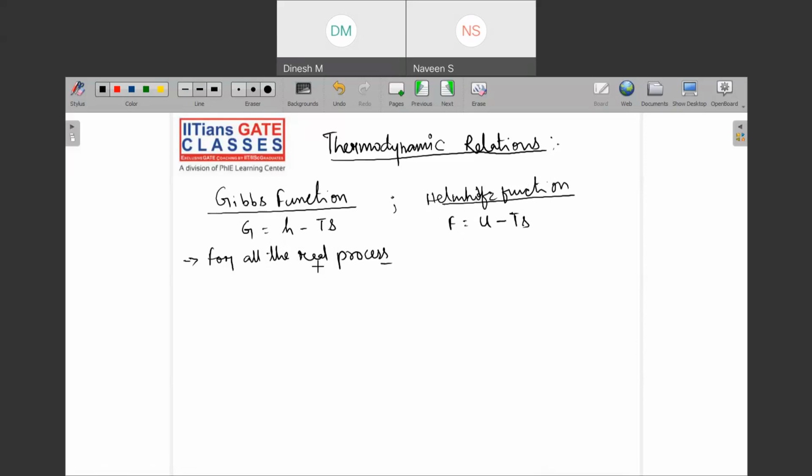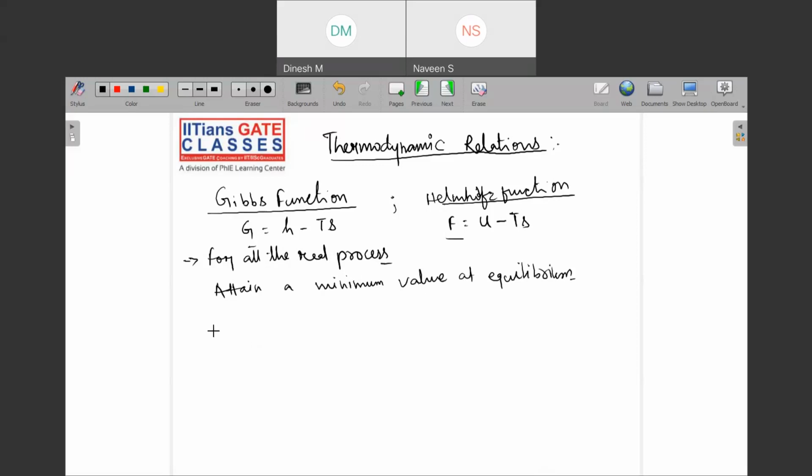What it says is that for all the real processes, the value of this Gibbs function and Helmholtz function will change, and it will attain a minimum value at what? At equilibrium conditions.